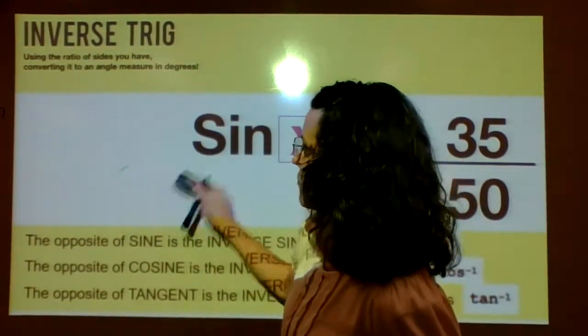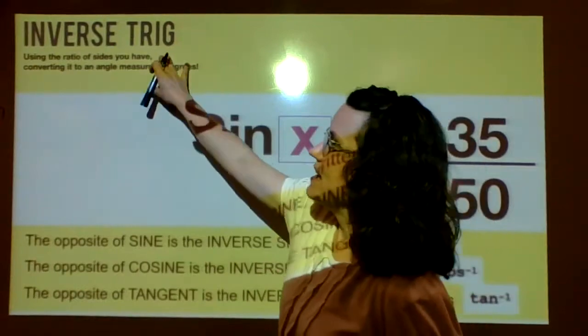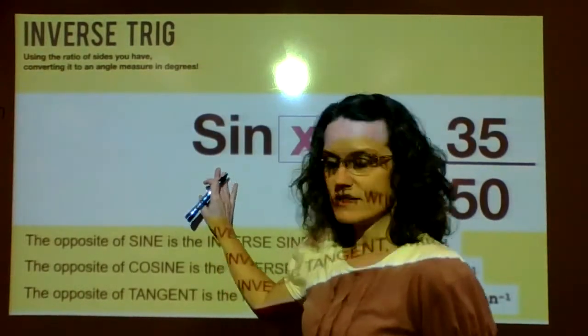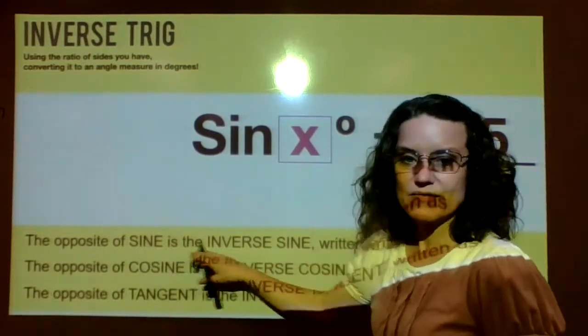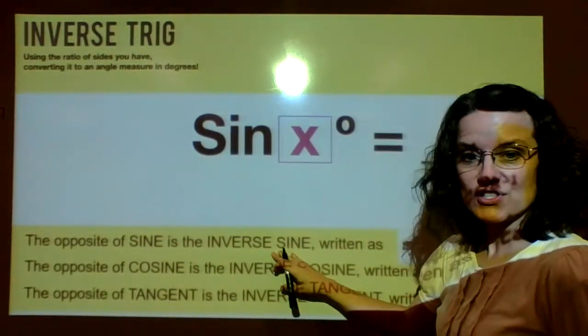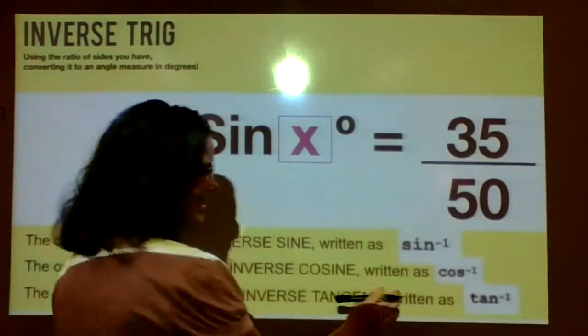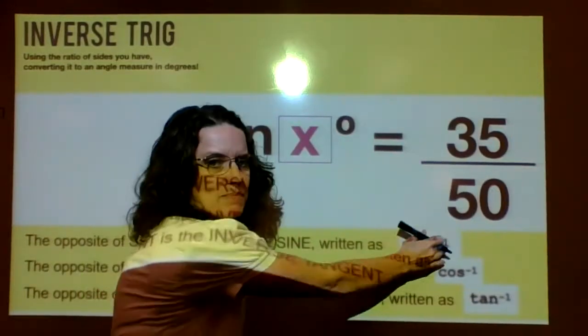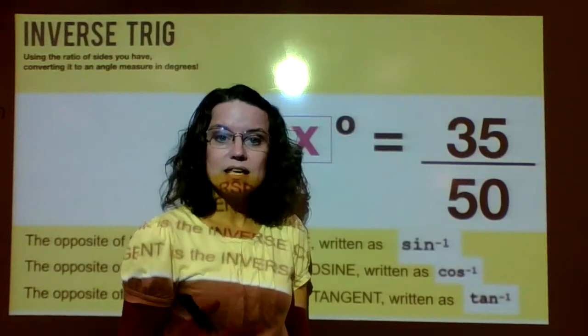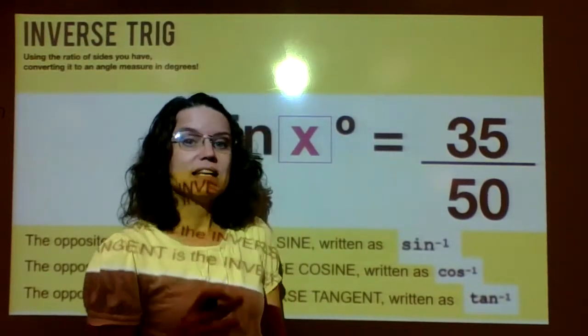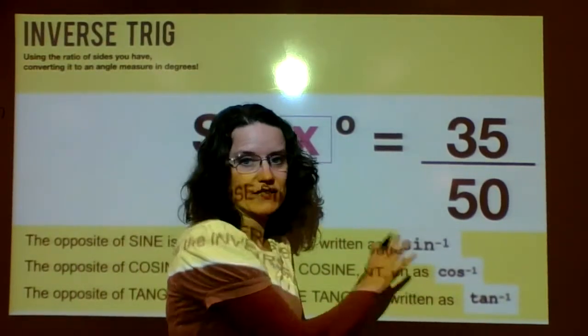For our trig functions, the inverses have their own special symbols. The inverse of sine is the inverse sine, written as sine with an exponent of negative 1. It does not mean what you would normally think of an exponent as meaning. It's just a notation.